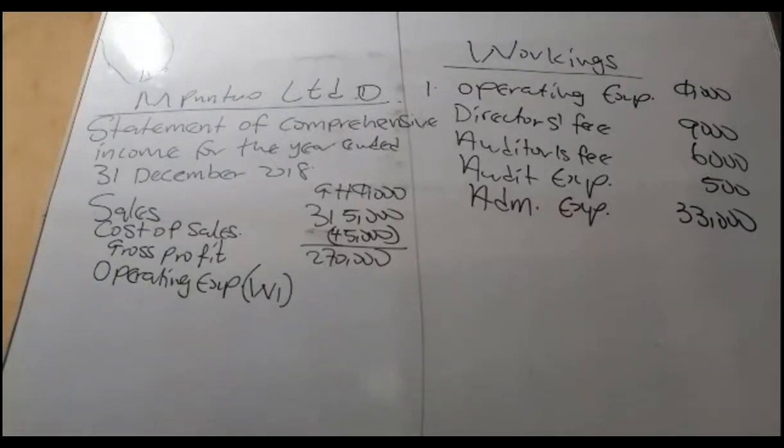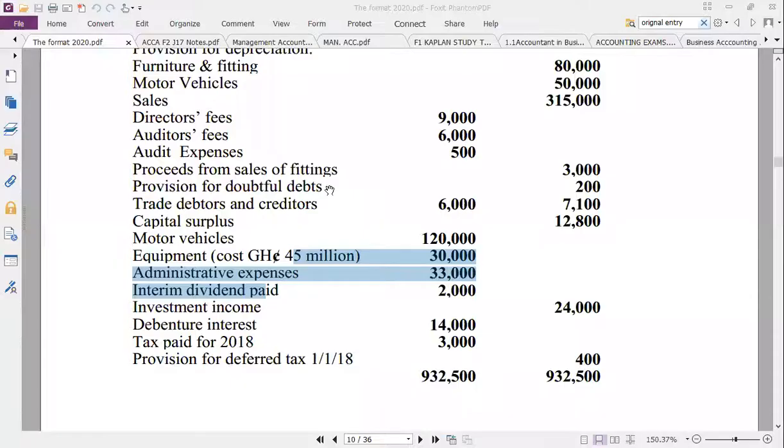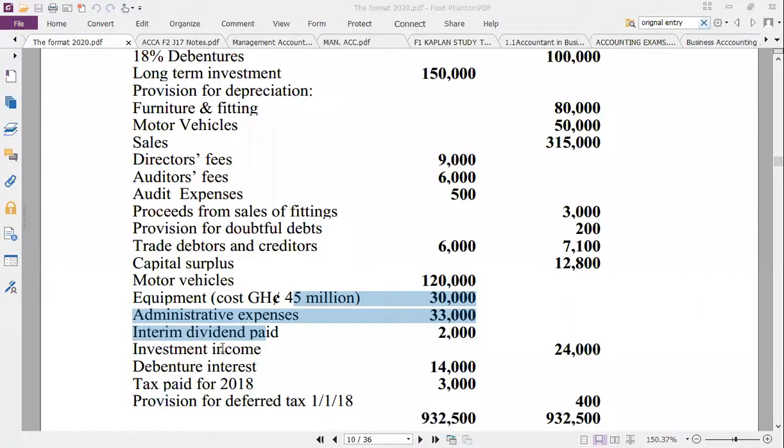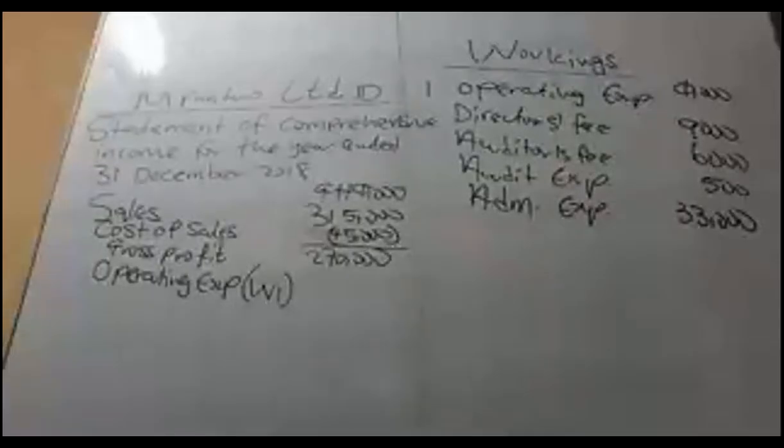Let's scan and assemble all the operating expenses together. Investment income, no. Debenture interest, no. Tax, no. Deferred tax, no. So we are done with the operating expenses.